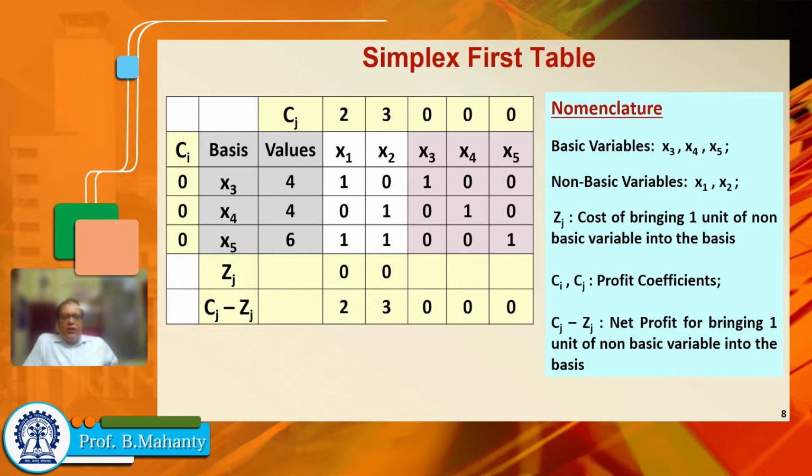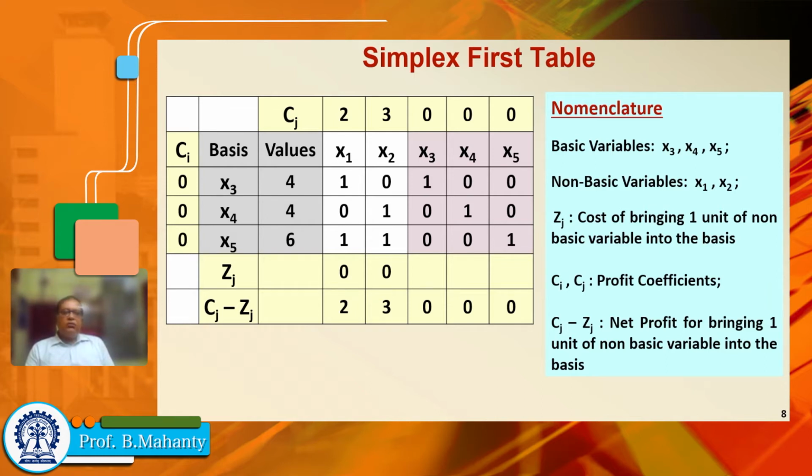Now Cj minus Zj and Zj values are computed. Zj is the cost of bringing 1 unit of a variable into the basis, and Cj minus Zj is the net profit for bringing 1 unit of a non-basic variable into the basis. Once again, let us understand this. The x3, x4 and x5 are our resources.